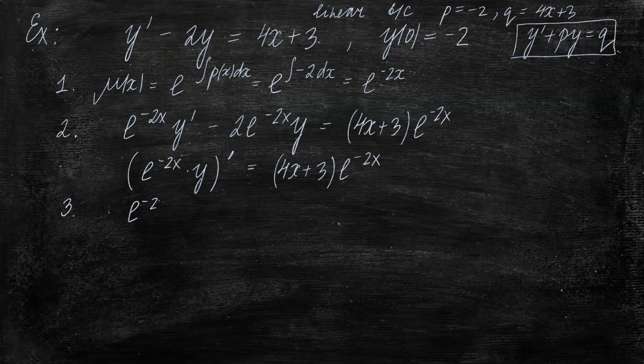So e to the -2x times y is equal to the integral of 4x plus 3 times e to the -2x dx. And here we now have an integral question, which we should be able to find, I don't want to say easily, but by now we definitely know how to integrate all functions.